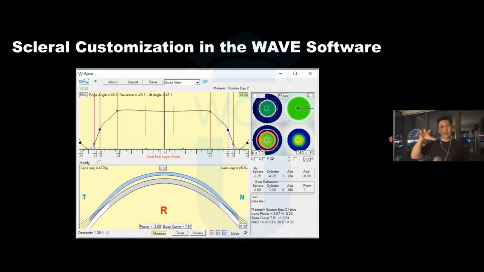Now, once the lens is within WAVE, once you have your construction, then you have that same ability to customize within the software, using these control points to change how that lens to surface relationship is constructed.